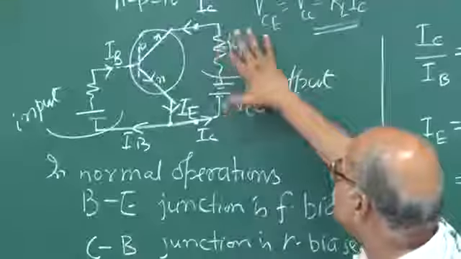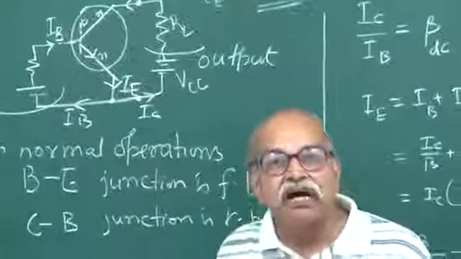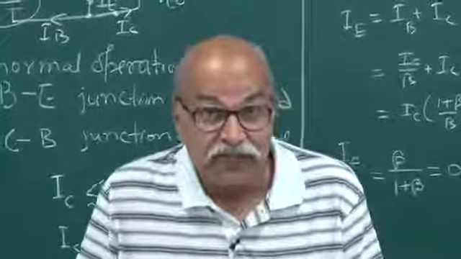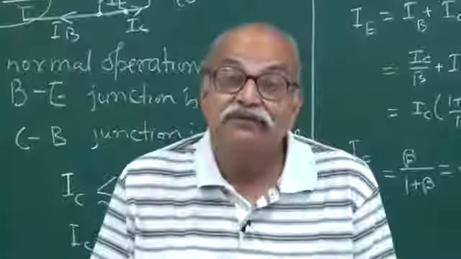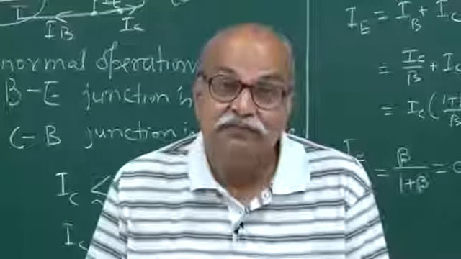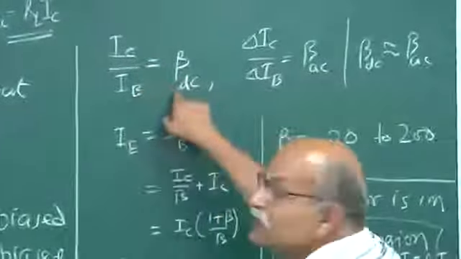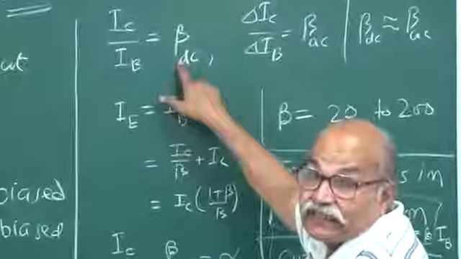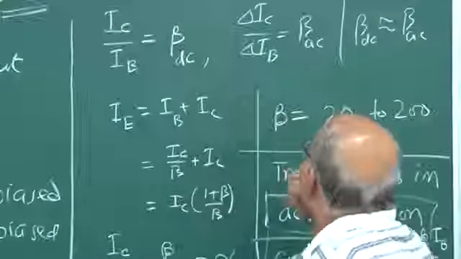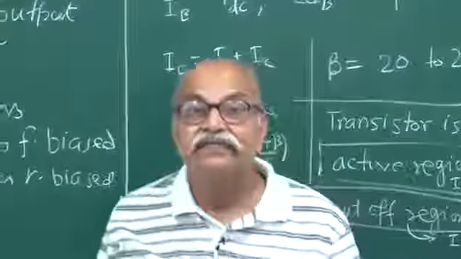If this VCE becomes small, then this base collector junction may be hardly reverse biased, or zero biased, or in certain conditions may be forward biased. In that case, this mechanism will not work, and this relation, IC equal to beta times IB, will not hold, because the collector does not have the capability of drawing these many electrons. These many electrons it cannot draw, and therefore, we say that it is saturated.